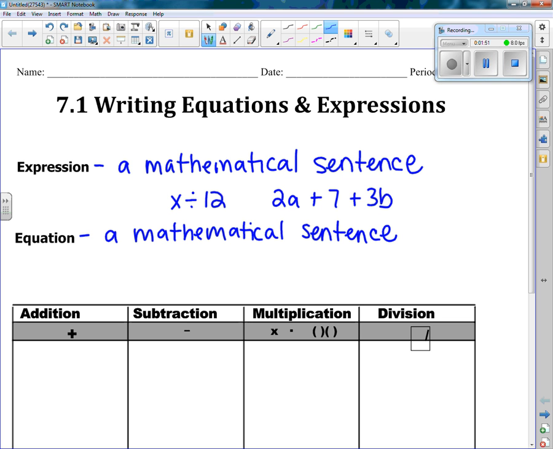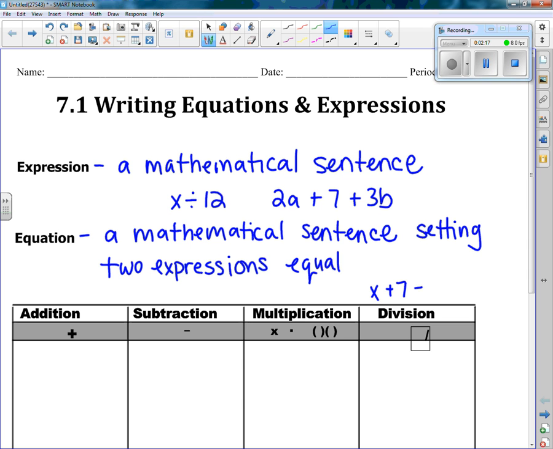It's a mathematical sentence that sets two expressions equal. So in simple terms, in an equation, you're going to have an equal sign. A very simple example would be x plus 7 is equal to 10.